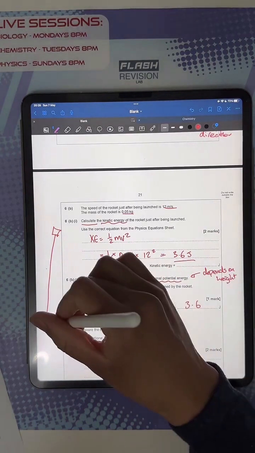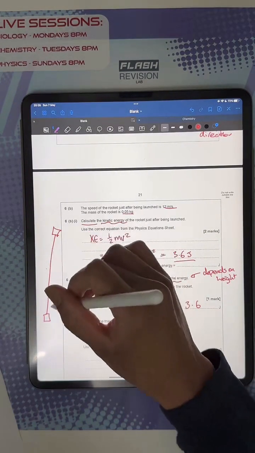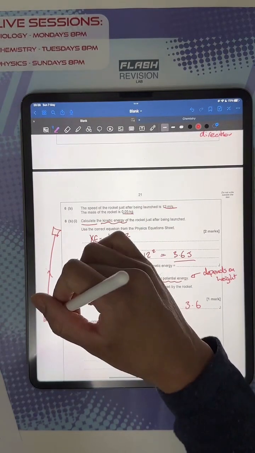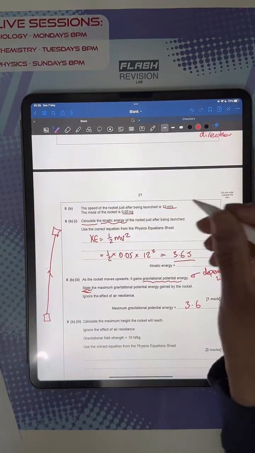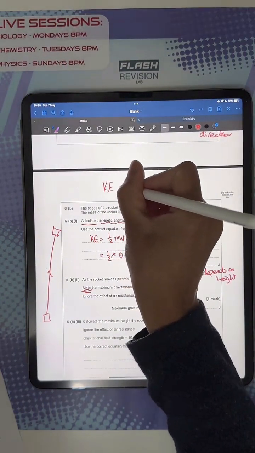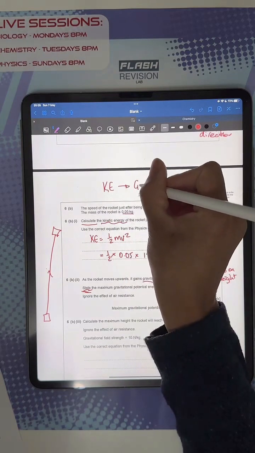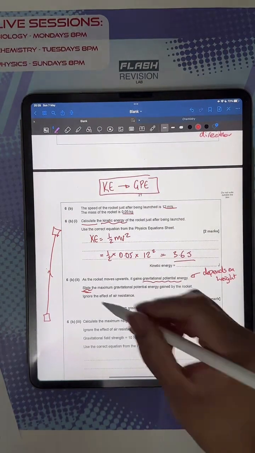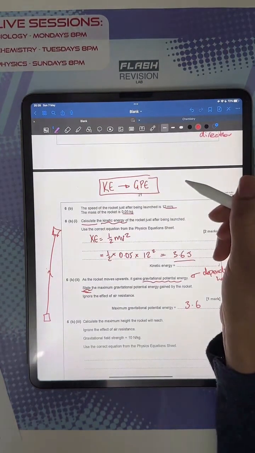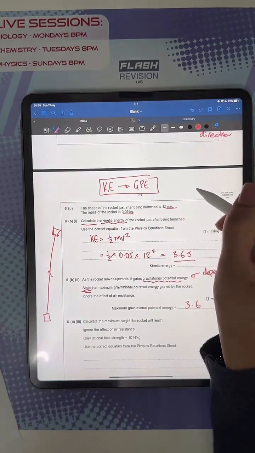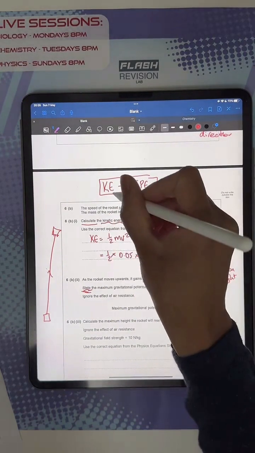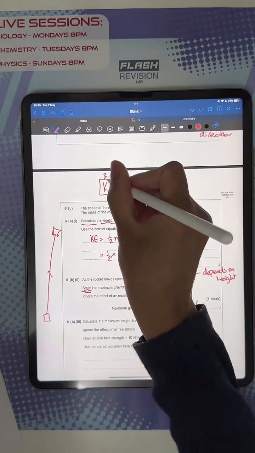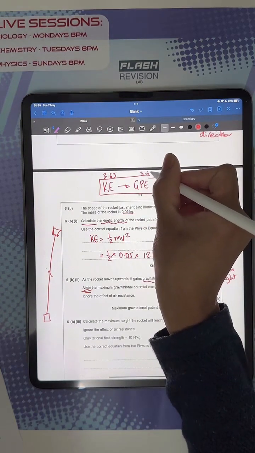So as it moves upwards, the kinetic energy decreases, so it gets slower and slower, but the gravitational potential energy increases. So kinetic energy gets converted into gravitational potential energy, and right at the top, all of its kinetic energy is gone. It's all been changed into gravitational potential energy. So you had 3.6 joules of kinetic energy at the start, and all of that's gone to gravitational potential energy.